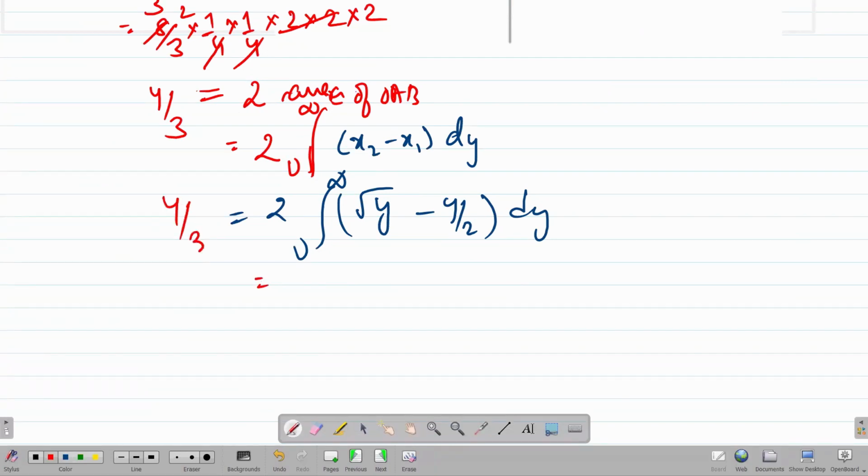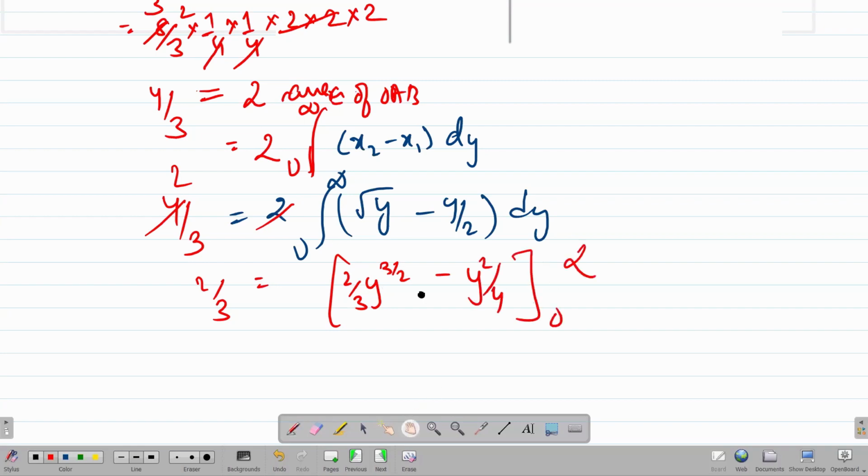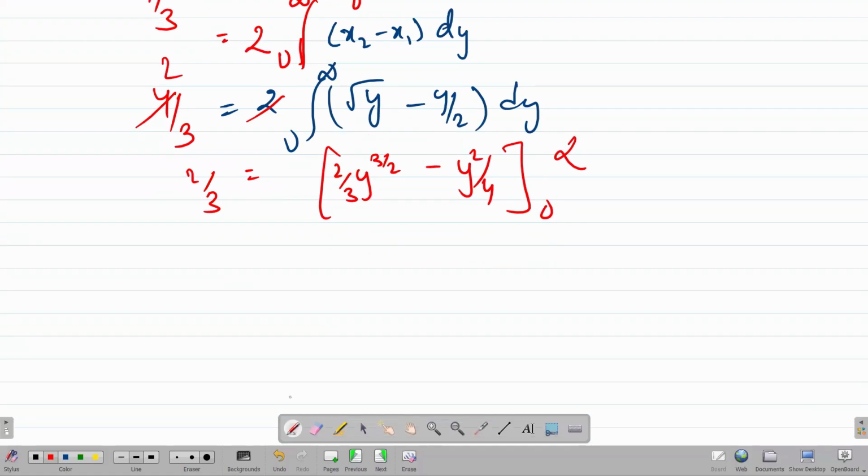Here I put 4 by 3 and this comes out to be 2 by 3, and integration of root y is y to the power 3 by 2 into 2 by 3, and here I get y square by 4, 0 to alpha. This is 2 by 3, 2 by 3 alpha to the power 3 by 2 minus alpha square by 4 minus of 0.